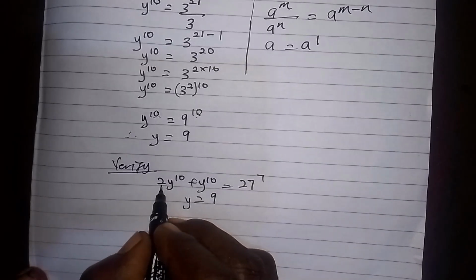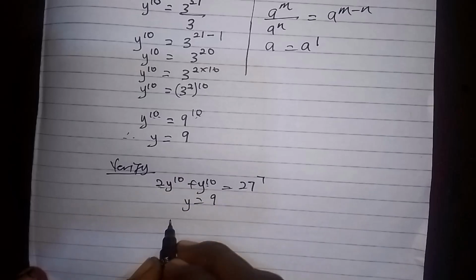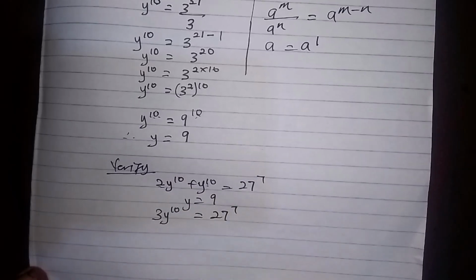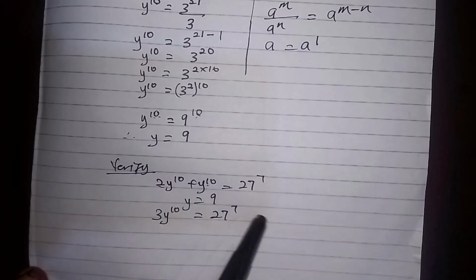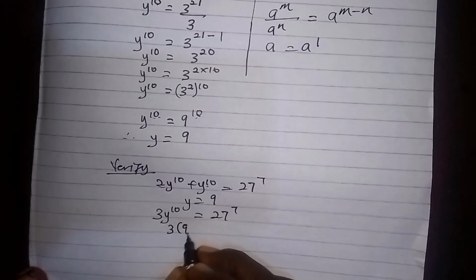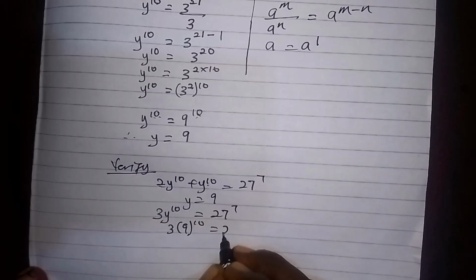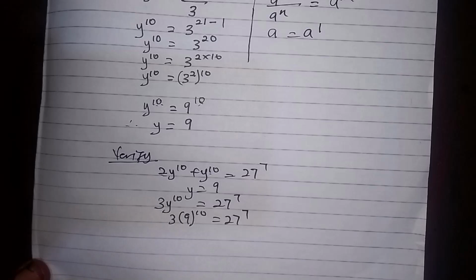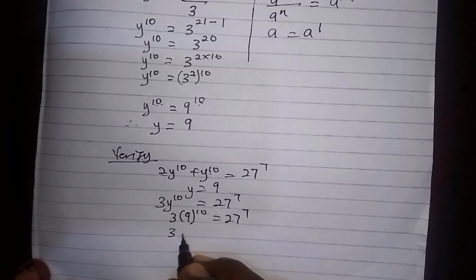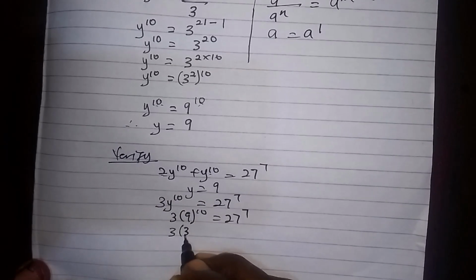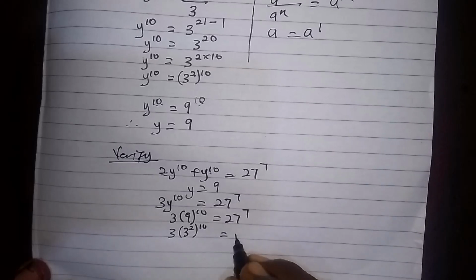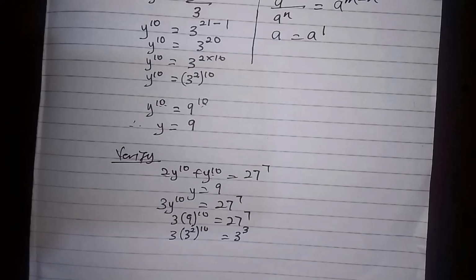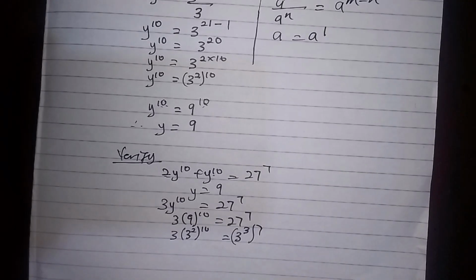When we add these two, I have 3y to the power 10 is equal to 27 to the power 7. Since y is 9, I have 3 times 9 all raised to the power 10 equals 27 to the power 7. 9 can be written as 3 squared, to the power 10, equals 27, which can also be written as 3 to the power 3, all to the power 7.